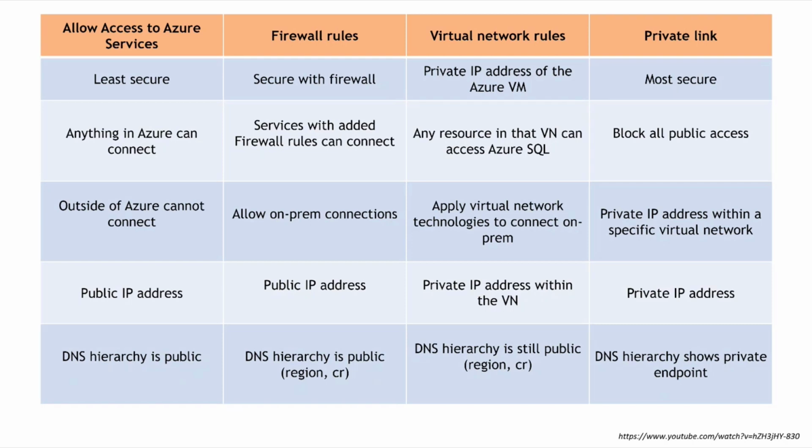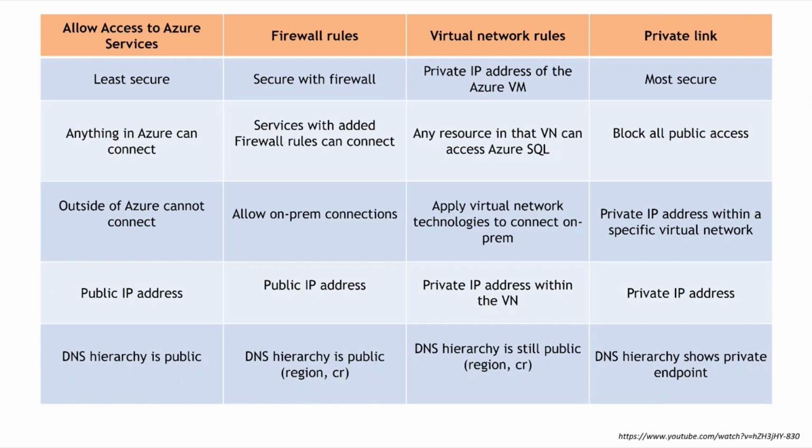The next layer of network security is virtual network rule. So let's say you have multiple virtual networks. All these virtual networks we are going to connect using technologies like VNet to VNet and the other type of technologies that you have. You connect all of those virtual networks together by using these technologies, and you will be only creating one virtual network rule on the virtual network that is connected to your Azure SQL database.